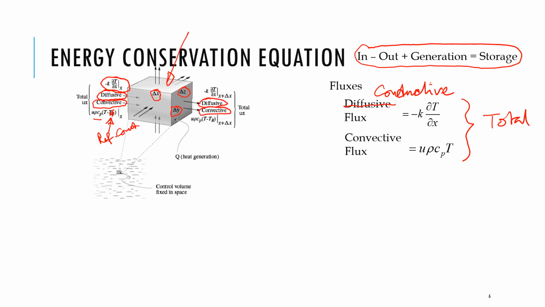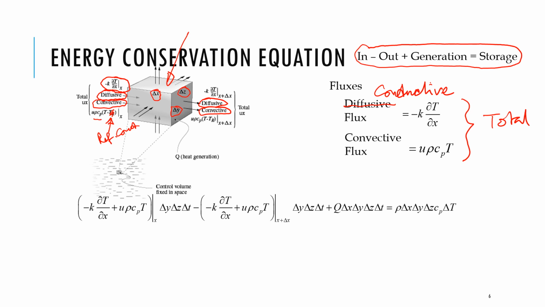Okay. And so how do I now apply this conservation law for this situation? We have to write each term at a time. So this is the total amount of energy: minus k del T del x plus U rho Cp T at the location x.